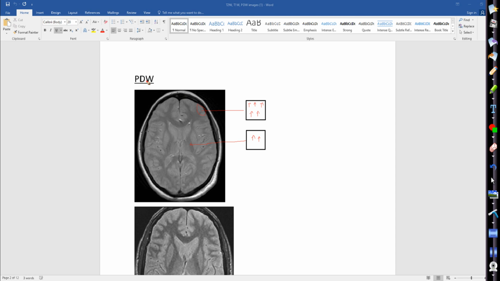So with proton density weighted, we don't even have to worry about the curves because we're diminishing them. We're selecting a very long TR so that all these tissues fully recover. They have the same length in terms of vector. And we're selecting a very short TE so that we don't allow those tissues to decay. So we don't see the contrast between those tissues in that regard.